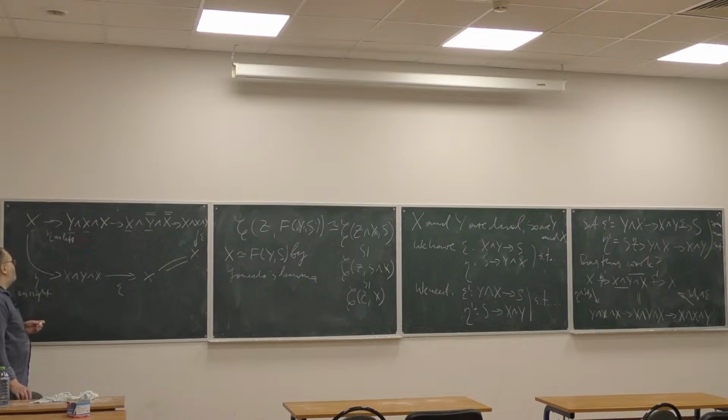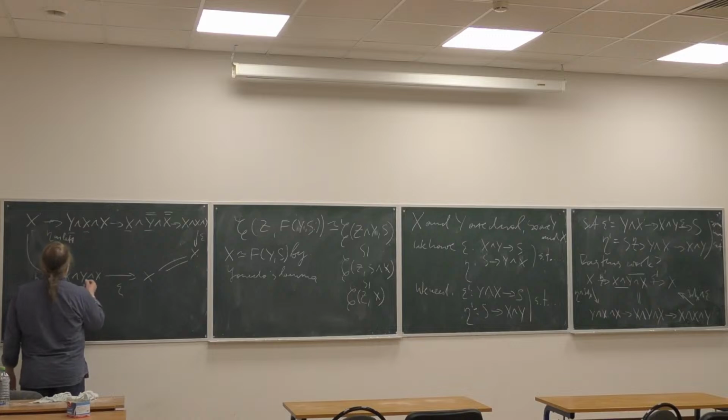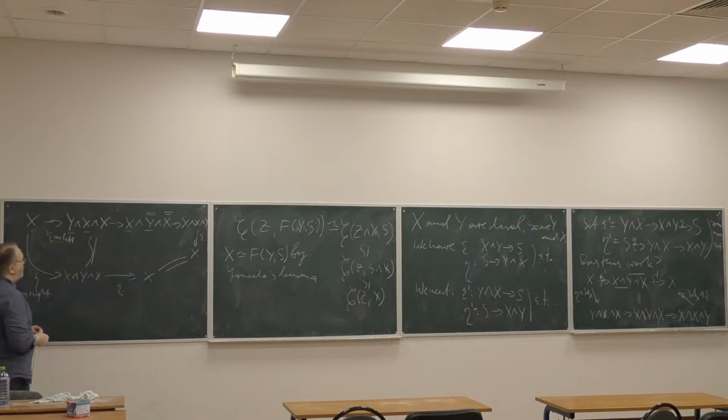Namely, using the associator and the symmetrizer, which are part of this symmetric monoidal structure, we basically can identify all possible products which have two factors of x and one factor of y.